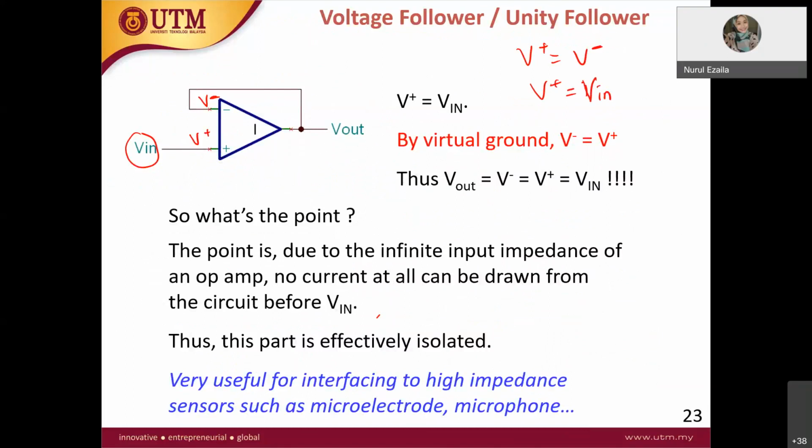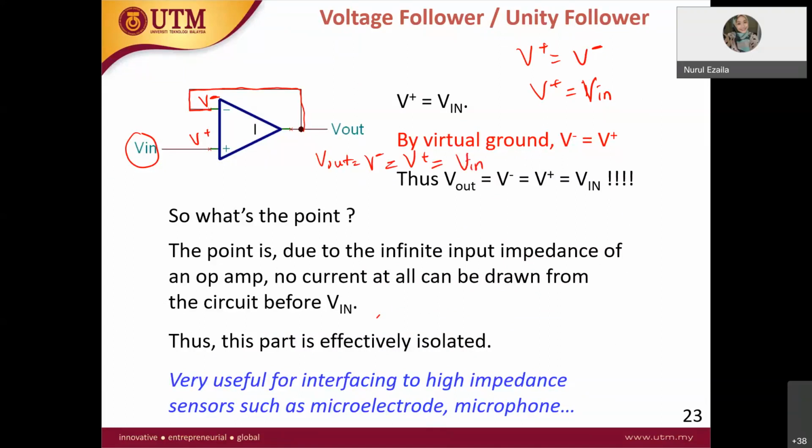Since there is no resistor, V out is connected directly to V minus. Therefore, V out equals V minus equals V plus equals V in.